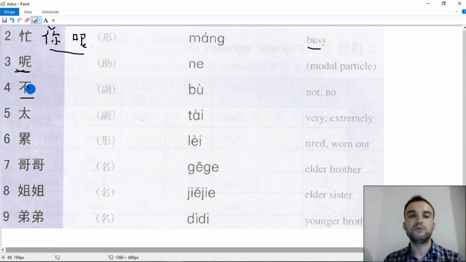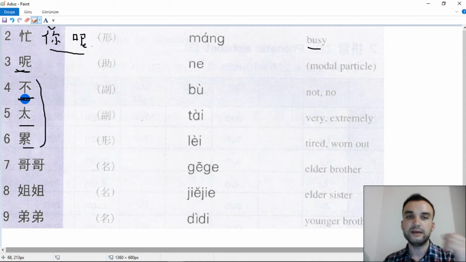Here we have 不 to make a sentence negative. 不太累. We can use 3 of them. And I said in the previous videos, if you want to use the meaning of very and make the sentence negative, you should use tai.